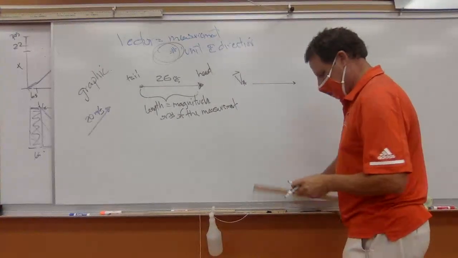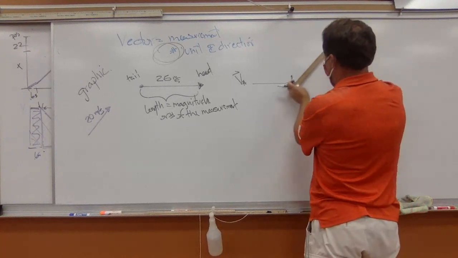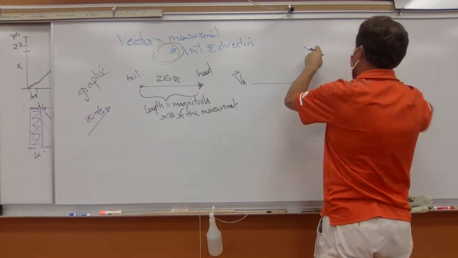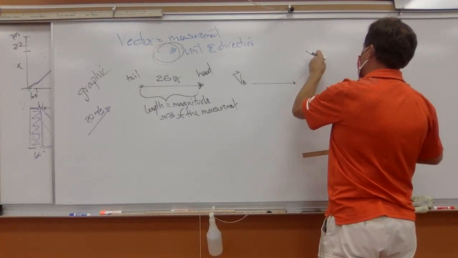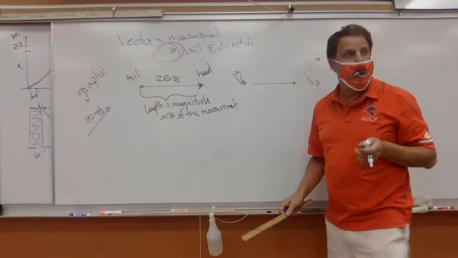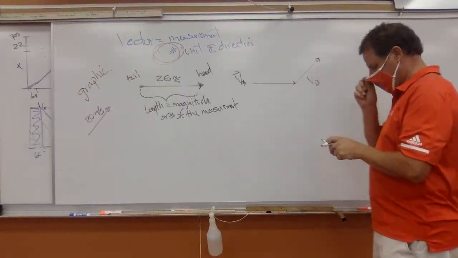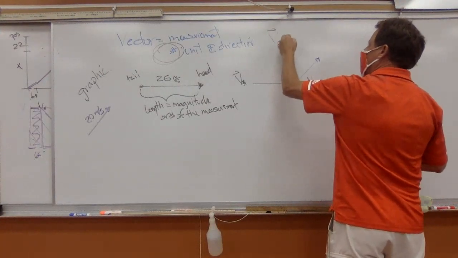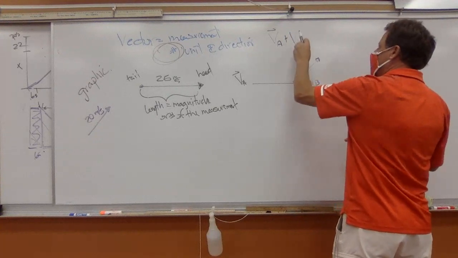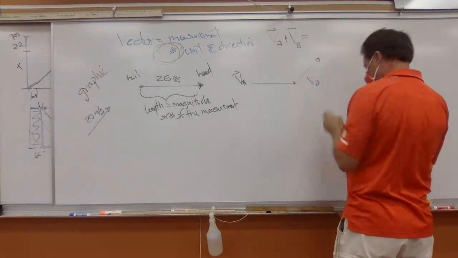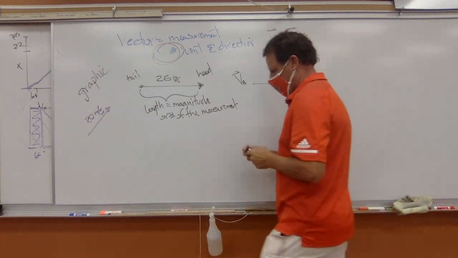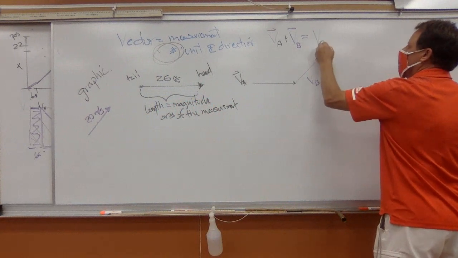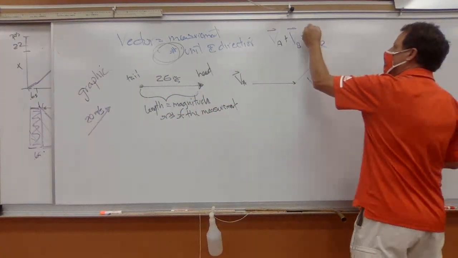Now I'm going to add to that this vector B. So vector A plus vector B is equal to the resultant vector.